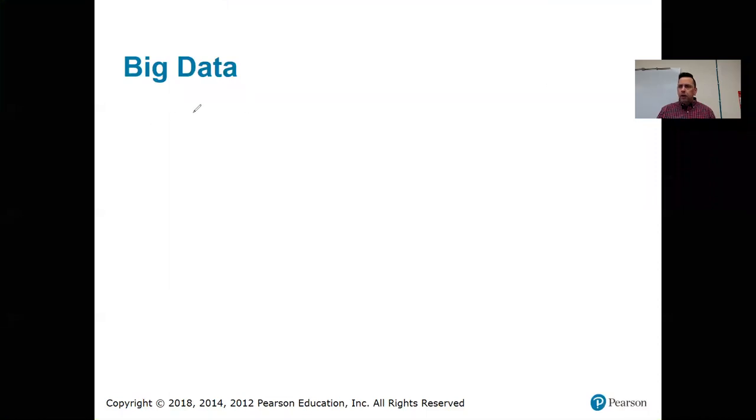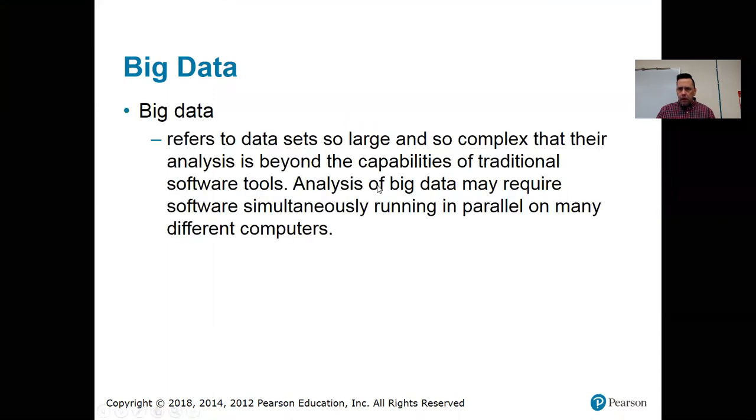Okay, that brings us to so-called big data. Big data means data sets so large and complex that their analysis is beyond the capabilities of traditional software tools even. Analysis of big data may require software simultaneously running in parallel on many different computers. So I can think of a pretty decent example of that. Picture a map of the United States and imagine that you are a traveling salesperson who has to visit 100 different cities, okay?